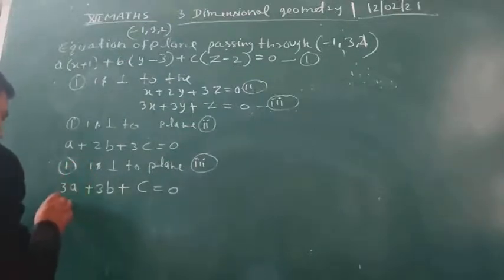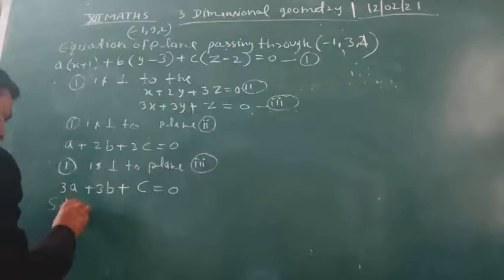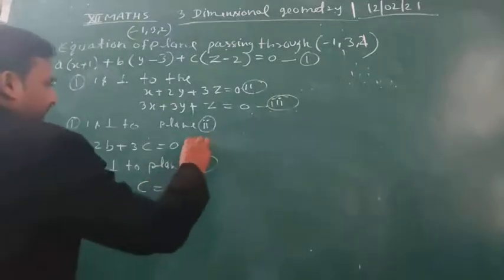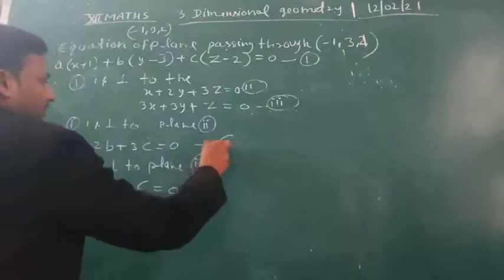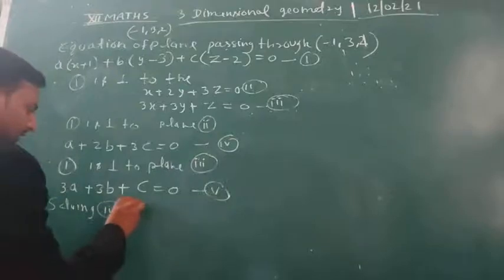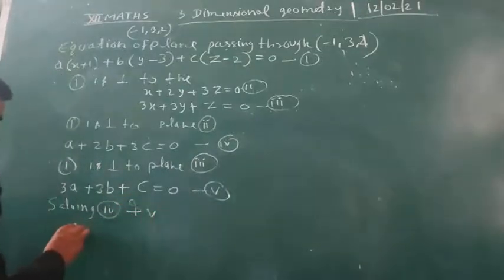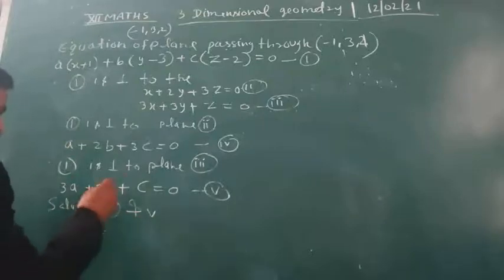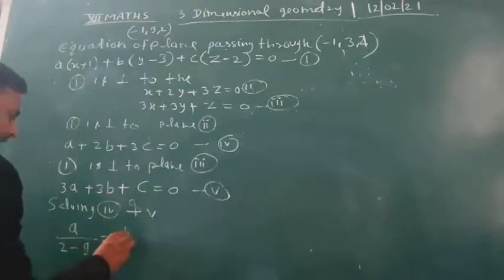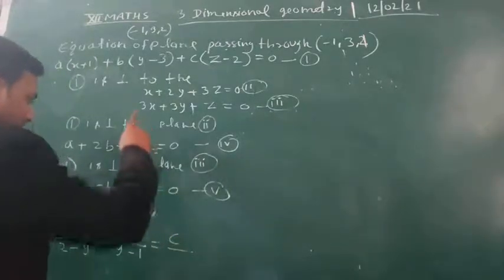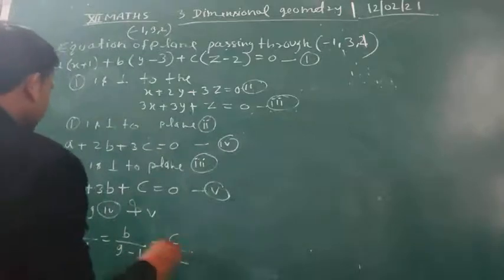Solving equations 4 and 5, we write a by 2 minus 9, b by 9 minus 1, and c by 3 minus 6.